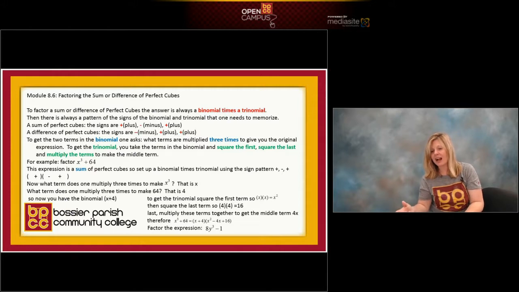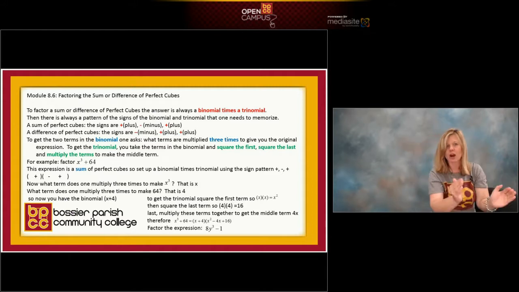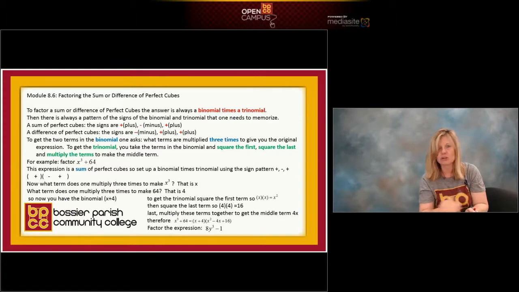Will any of those factors add to make the middle 4x? 1 and 16 will add to 17. 2 and 8 will add to 10. 4 and 4 will add to 8. Therefore, when you factor an expression that is a sum or difference of perfect cubes, you're always going to get a binomial and a trinomial, and that trinomial will never factor any further. It is set. And that's all you need to do.